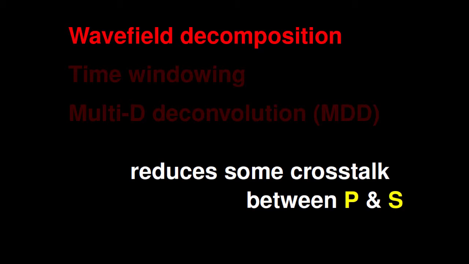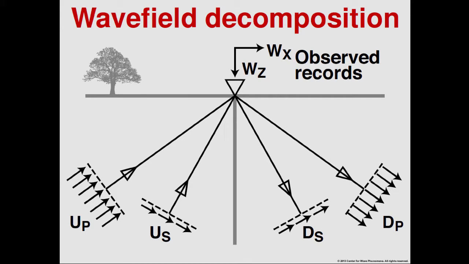We decompose two components of observed records into upgoing and downgoing P and S waves. By using this decomposition, we can reduce some crosstalk between P and S waves in the decomposed wave fields. I will explain later the meaning of this crosstalk. In the two-dimensional isotropic case, observed records at the free surface contain all upgoing and downgoing P and S waves.